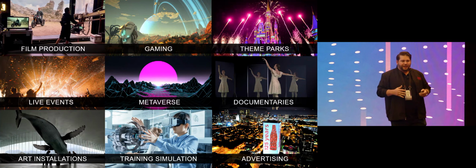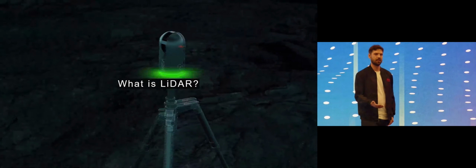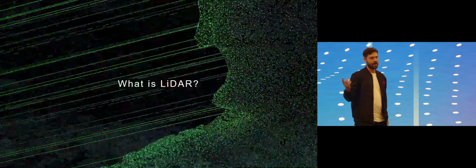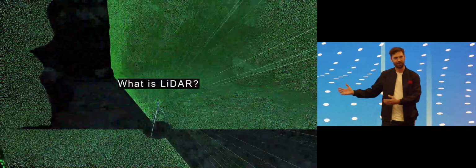But before we really dive into that, let's take a step back for a second and ask ourselves what LiDAR actually is. So what does LiDAR stand for? LiDAR is light detection and ranging. Essentially, with our devices, you can capture the surrounding area within the setup.